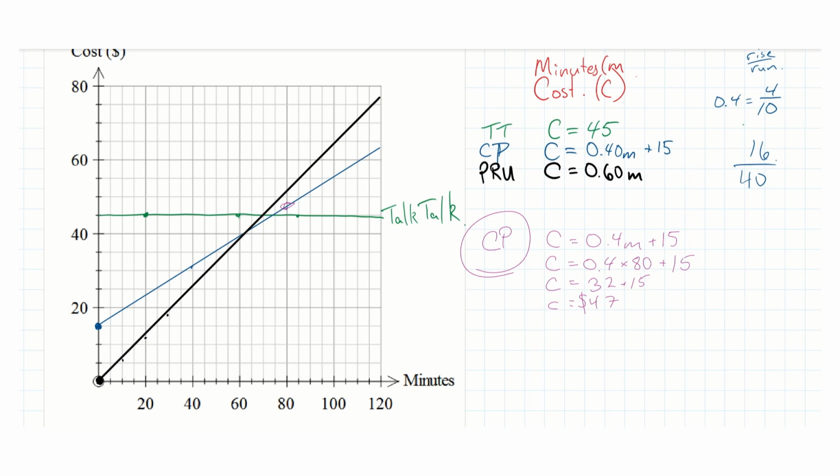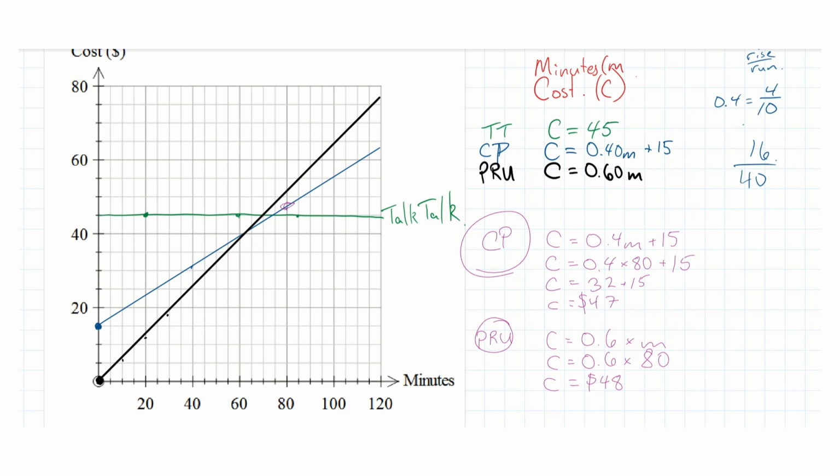So let's look at PRU. I'm going to put in C is equal to 0.6 times 80. And 6 times 8, of course, we've already learned this one, is 48. So the cost for PRU is going to be $48.